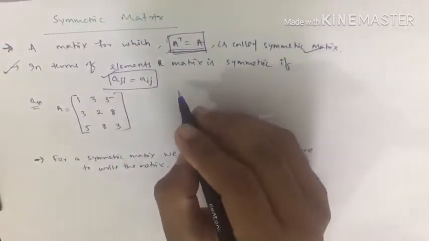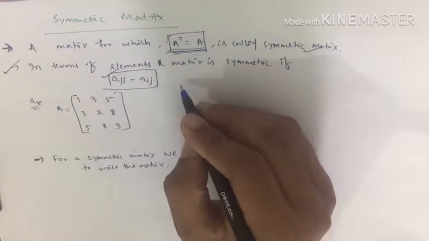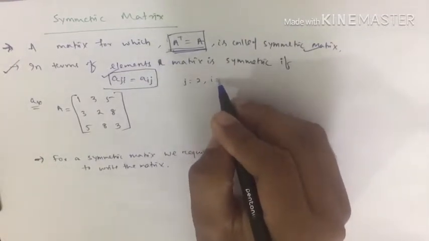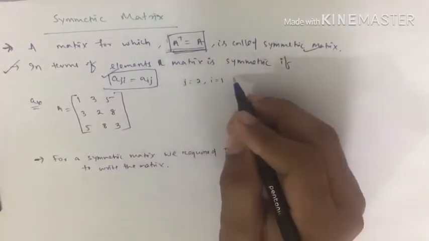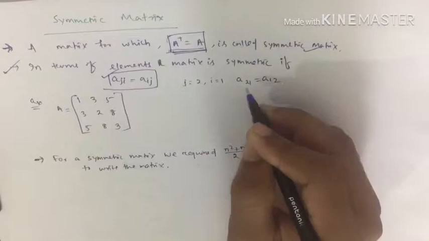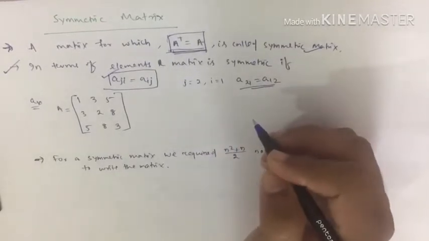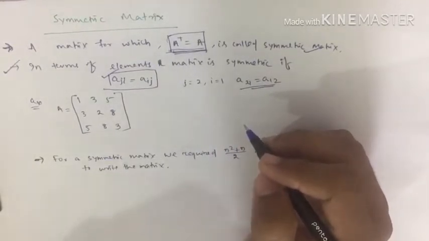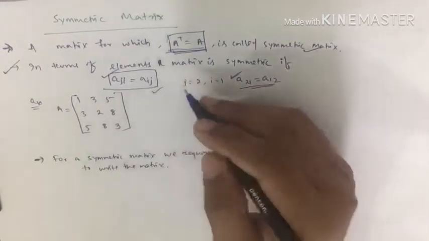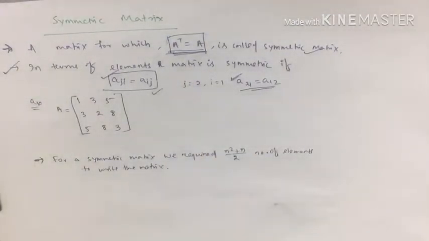Let's take j equals 2, i equals 1. So what does it mean? A21 equals A12. In this order, you can put any j and any i. If you get these relations, then only the matrix is symmetric.